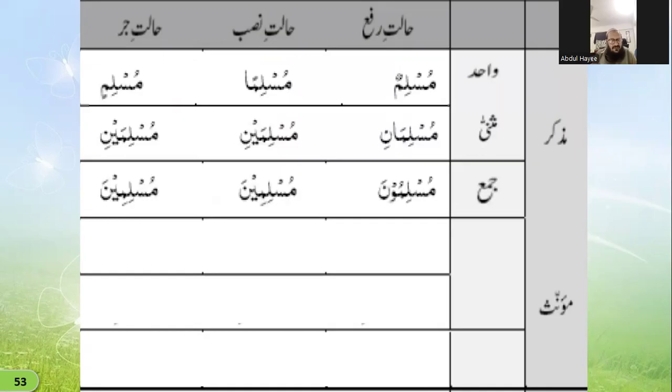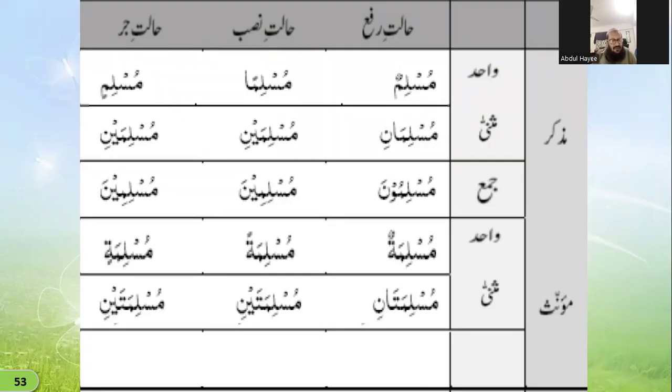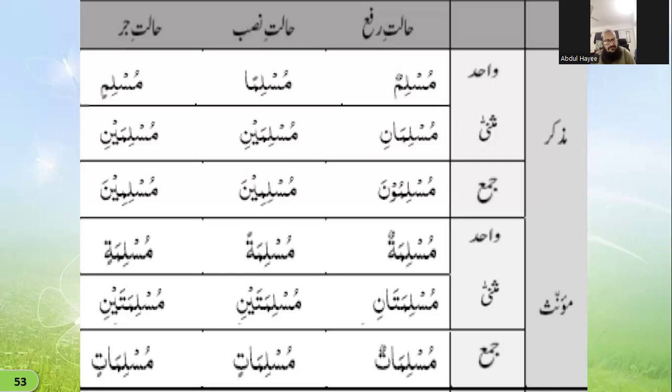Plural: Muslimuna, Muslimina. What about the feminine singular? Muslimatun, Muslimatan, Muslimatin. The dual feminine: Muslimatani, Muslimataini. Plural: Muslimatun, Muslimatin. How many? 9 for the masculine, 9 for the feminine.